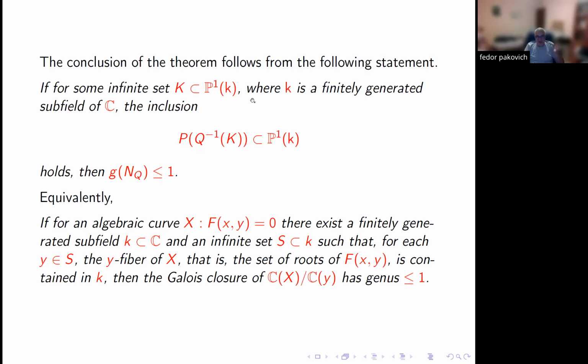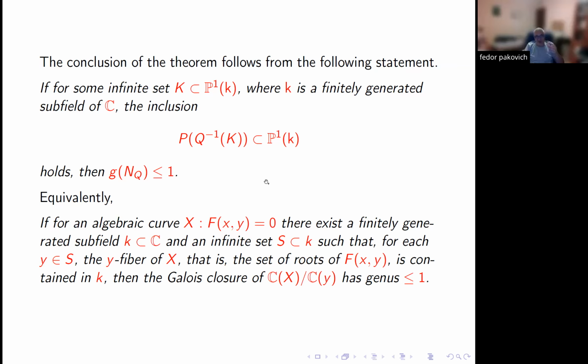If we have some infinite set, a subset of a finitely generated field, then the inclusion holds. I probably missed some words here, but the idea is that if you have this, then necessarily the genus of the normalization is at most 1.